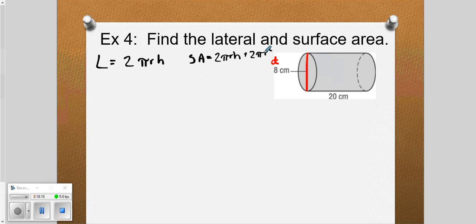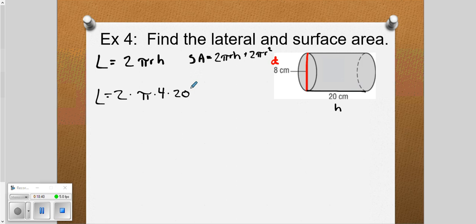If you think about pi r squared, remember that's area of a circle. So the only difference between lateral and surface area adds those 2 circular bases onto your object. So we would say our lateral is 2 times pi times, if the diameter is 8, radius would be 4, times base to base is 20, so that's our height.